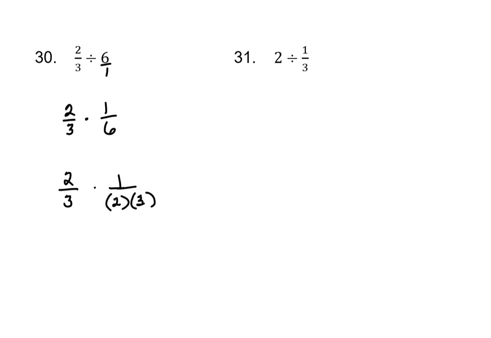And then I can see that the 2's are going to cancel. So my answer ends up being 1/9. On problem 31, when I take the fraction 1/3 and I flip it upside down, it becomes 3 over 1. Well, 3 over 1 is just 3, so 2 times 3 is 6.